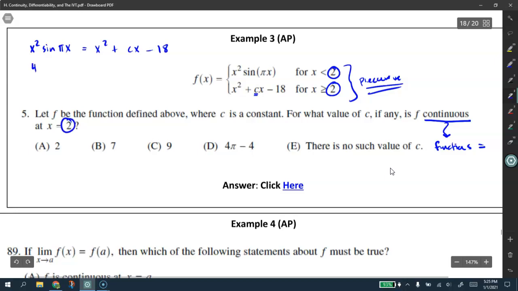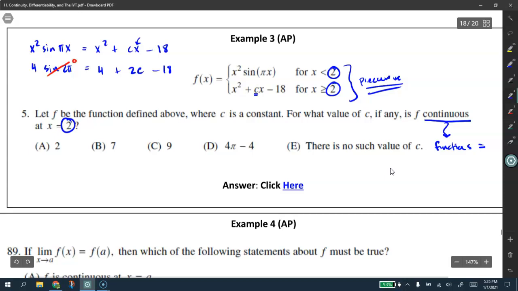So this becomes 4 sine of 2 pi is equal to 2 squared, which is 4, plus 2c minus 18. Notice how you're plugging in for the x. Now, notice how the sine of 2 pi is actually 0, because that's basically the same thing as 0 degrees.